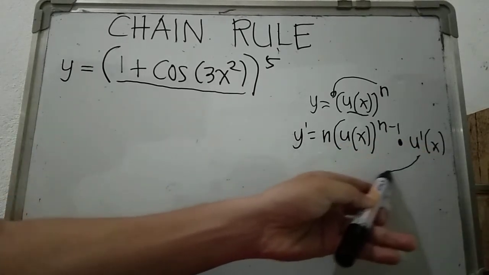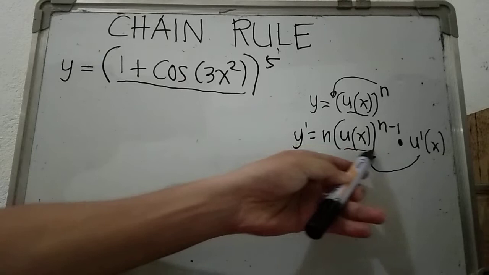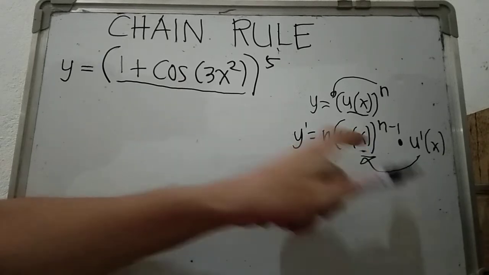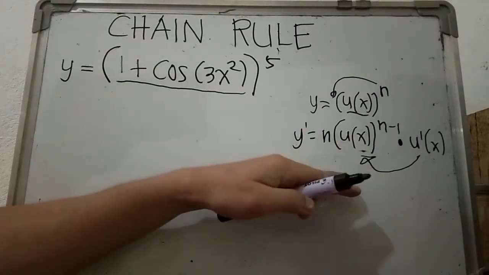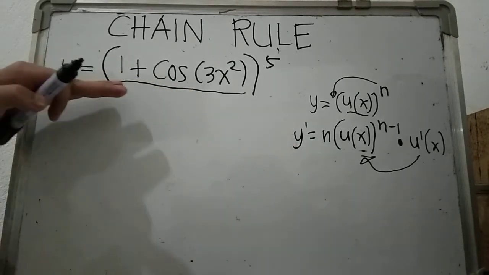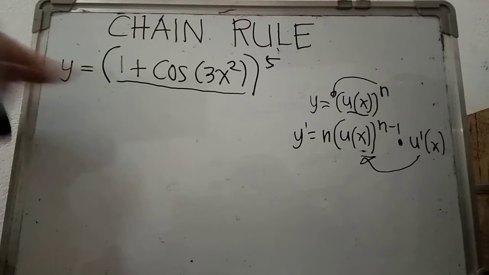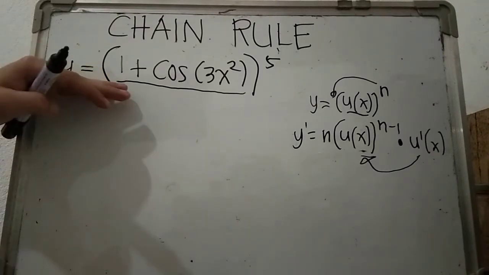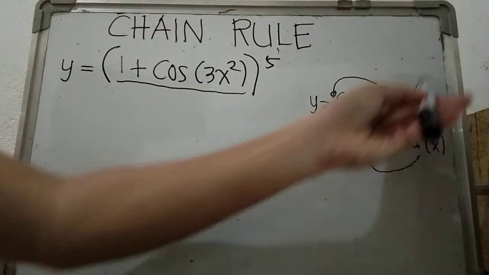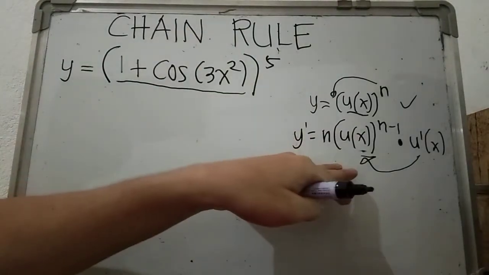This is the derivative of the function inside the parentheses, u of x. This is the process that we're going to follow in answering our trigonometric function using the chain rule, because basically this one follows from this expression. So we have to follow the definition.